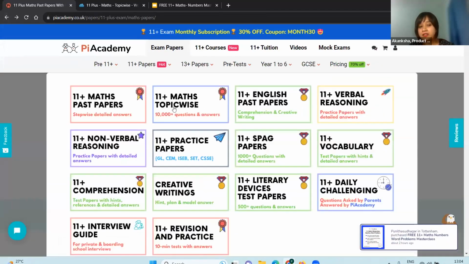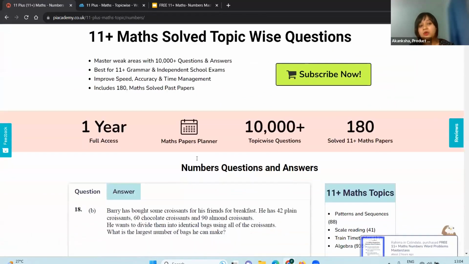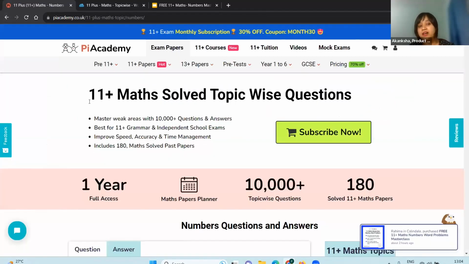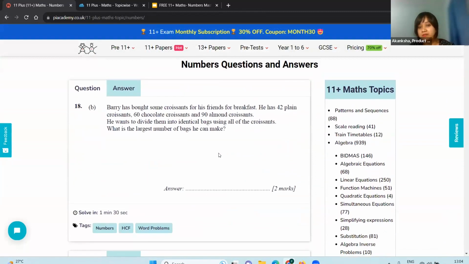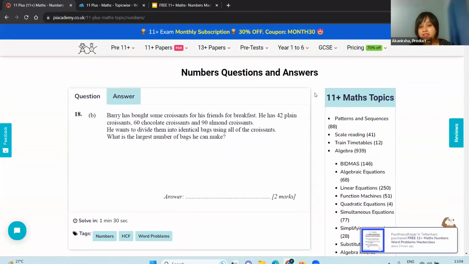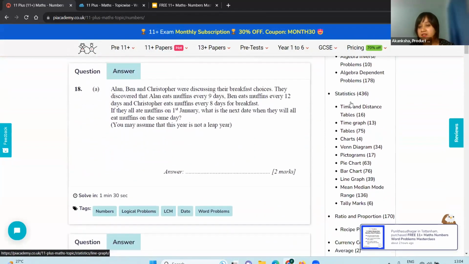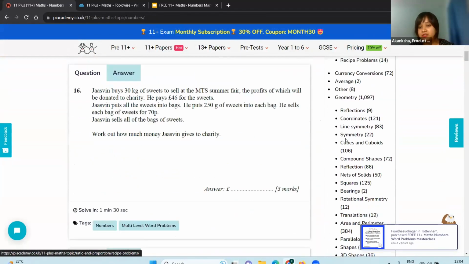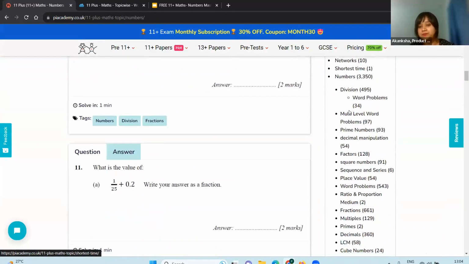As today Hiren took the topic numbers, on Pi Academy we have 11 plus maths solved topic-wise questions also. If you are starting in a topic-wise manner, you can come to this website and get all the topics listed here. As you can see, we have statistics, ratios and proportions, and all the topics and subtopics are very neatly listed over here.